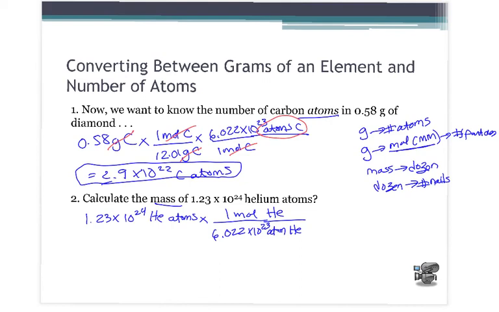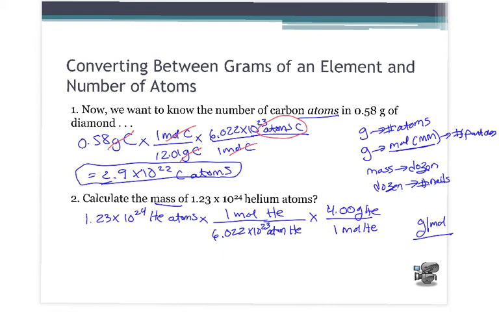We got to take it one more step to figure out the grams. And how do we equate moles and grams? We use the molar mass, because don't forget, your molar mass is in grams per mole. It's a conversion factor. So since moles is on the top, we're going to put moles on the bottom, and we know for every 1 mole of helium there is 4.00 grams of helium.